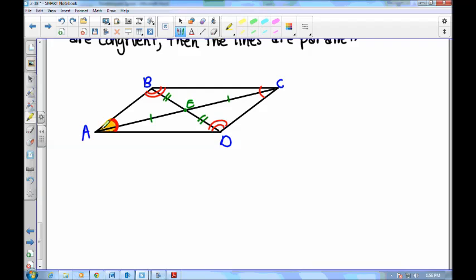What's supplementary to angle A? Yeah, we could just lightly highlight all the way across. Those are supplementary. Also, A to B are supplementary. So I'll just do those two. Those are supplementary.